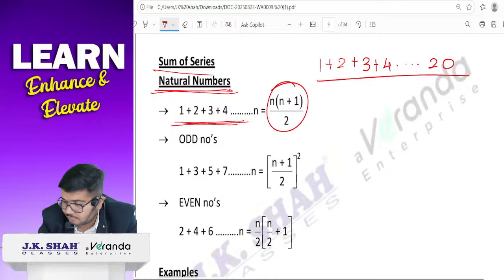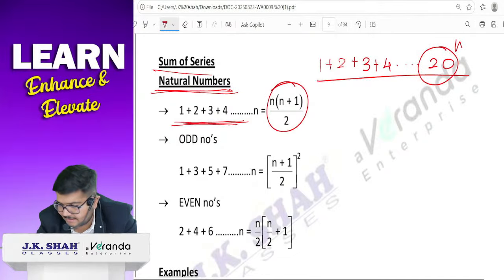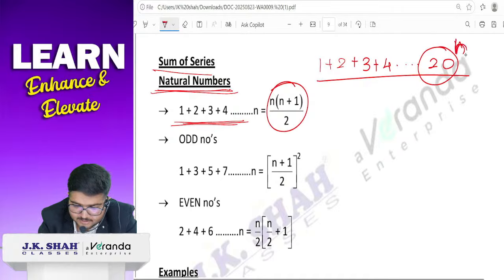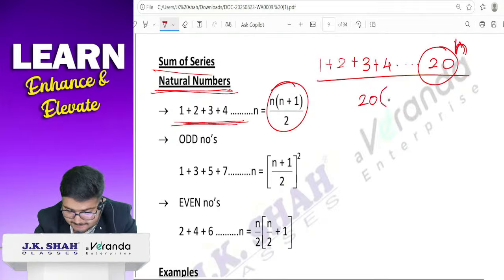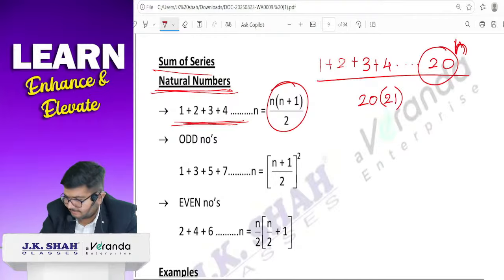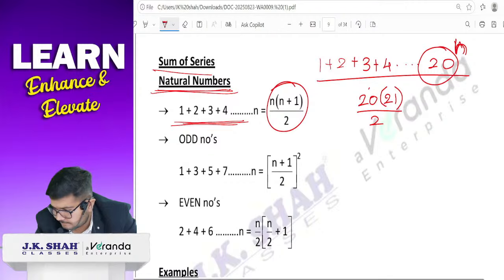When you have been asked such a question, the last digit will become your n. The solution is very simple. Always the same step: take the last digit, multiply it with the next number. 20 is the last digit, multiply it with the next number, that is 21. So 20 into 21 and divide it by 2.